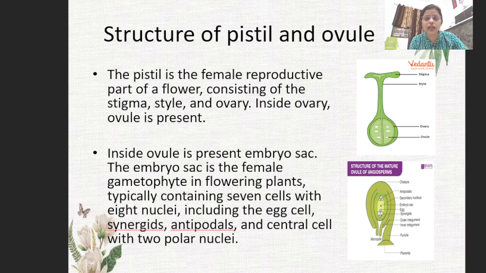The type of embryo sac present in angiosperms is the polygonum type, which is commonly 8-nucleate and 7-celled. That means it has 8 nuclei and 7 cells. The cells are the egg cell, antipodal cells, central cell and synergids.